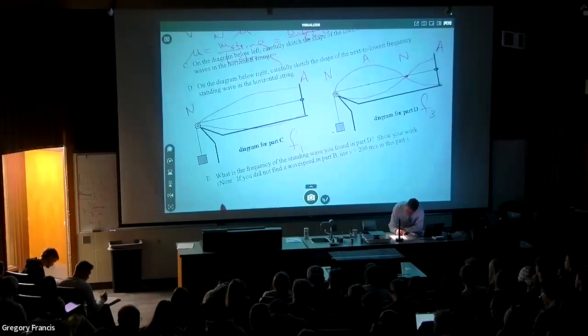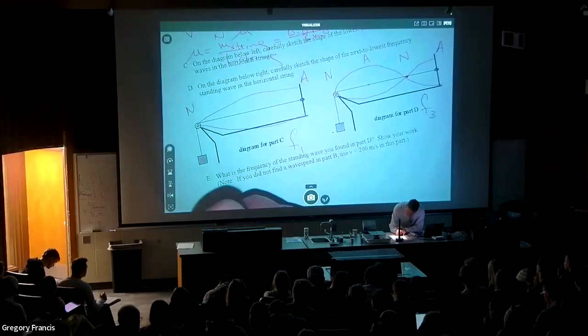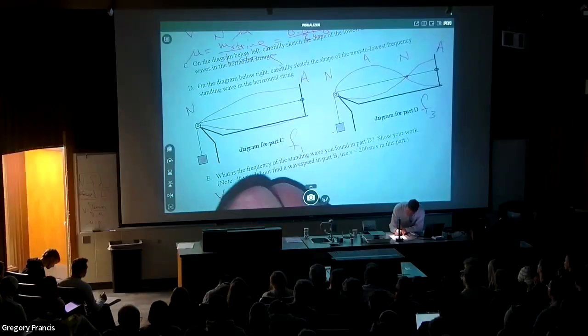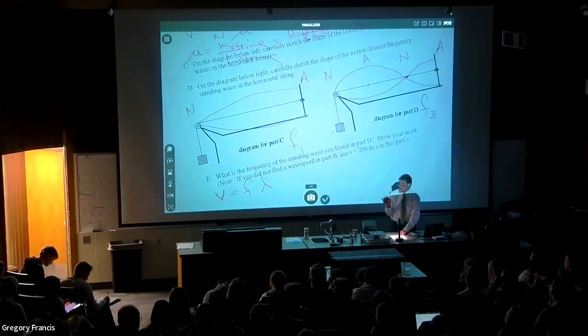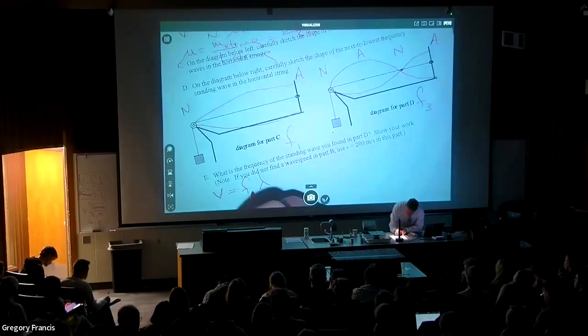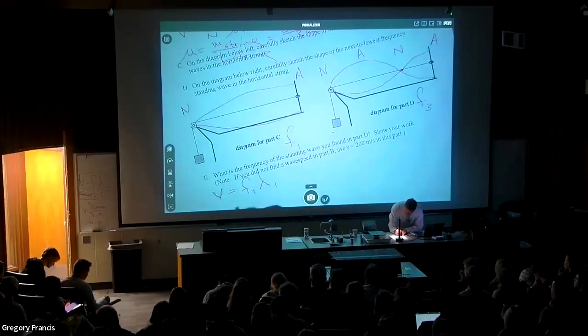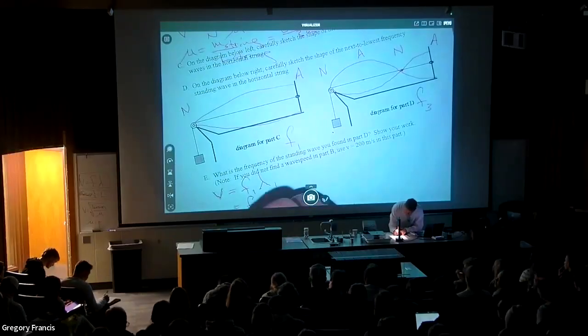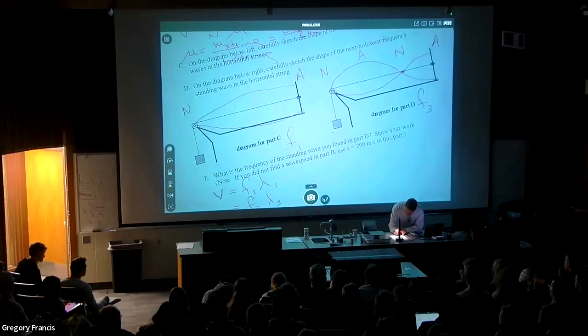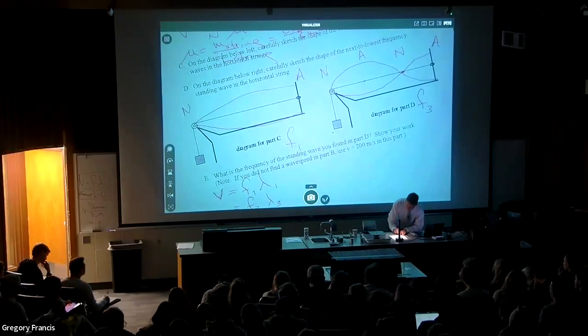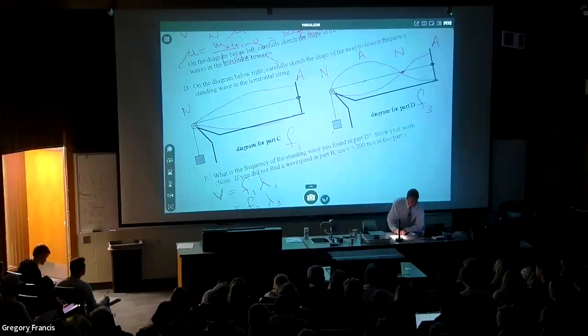The wave equation, v is equal to frequency times wavelength, works for every harmonic. It works for the first harmonic. It works for the third harmonic. It works for the fifth harmonic. But if you're looking for the fifth harmonic, you've got to use the fifth wavelength. Never mix and match.